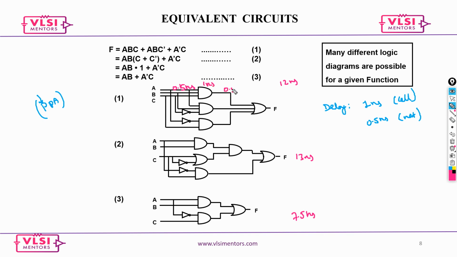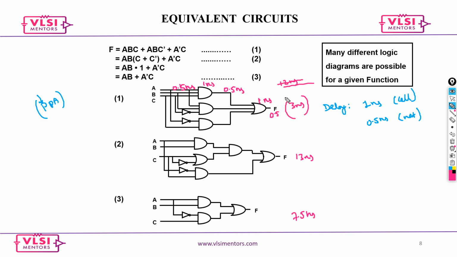Now this is 0.5 ns, and this is 1 ns. Now what is the total? When there is a change in A, how much time will it take to reflect at the output? 1.5, 2.5, 3, and then 0.5, so it's going to be 3 ns. That is the answer.